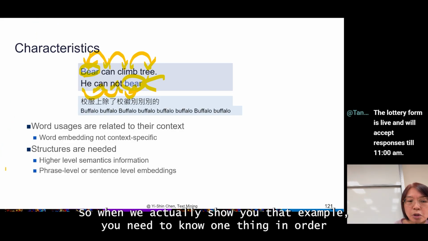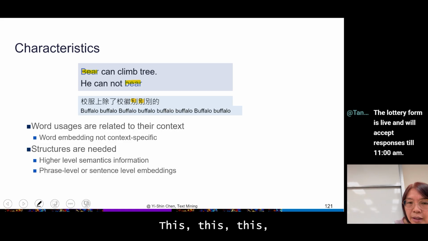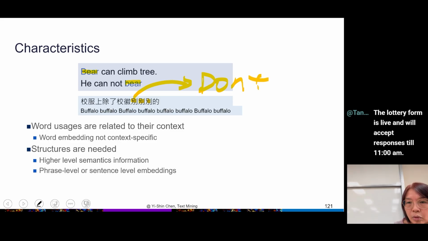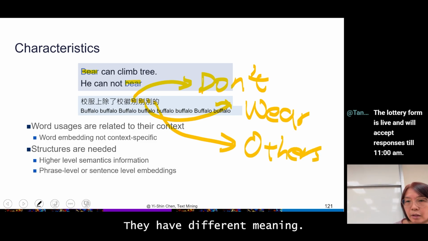When we show you that example, you need to know one thing. In order for us to know that they are different, this one is don't, the second one is where, and the others have different meanings.